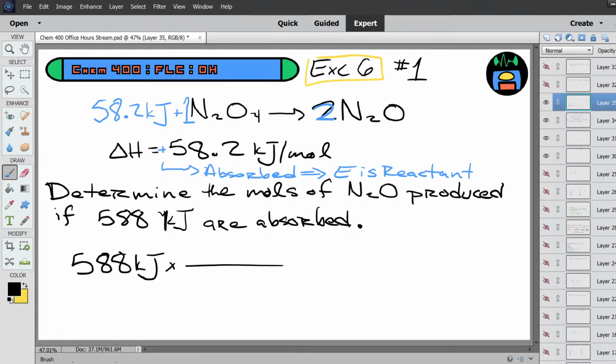So we need a unit conversion to convert between kilojoules of energy and moles of N2O. And that unit conversion is right here. For every 2 moles of N2O produced, 58.2 kilojoules of energy react.